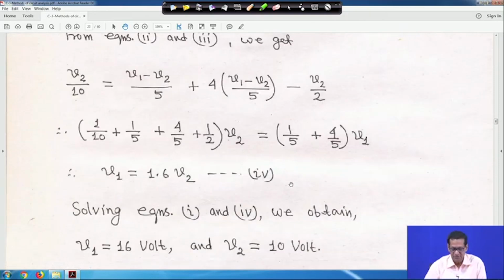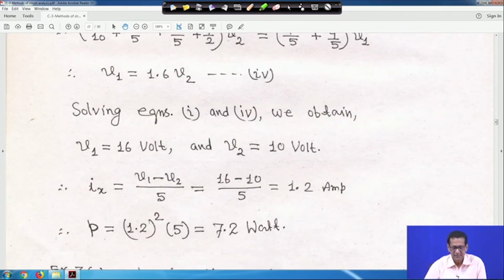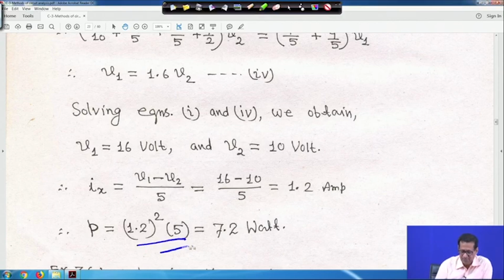You will get V1 equal to 16 volt and V2 equal to 10 volt. Ix is equal to (V1 minus V2) by 5, which gives 1.2 ampere. Power is I square R, 1.2 square into 5, so 7.2 watt. This is the answer.